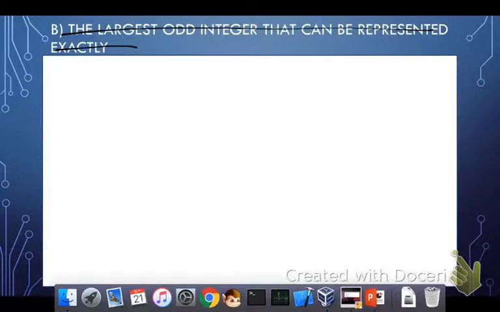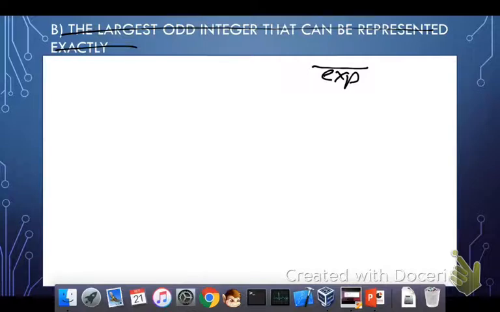Well, let's again think through this. Now we're dealing with normalized values, not denormalized. That means that in the exponent bits we're not allowed to have all zeros, and we're not allowed to have all ones. We must have something in it. Since we want the reciprocal of the smallest positive normalized value, we want the largest negative exponent we can get.